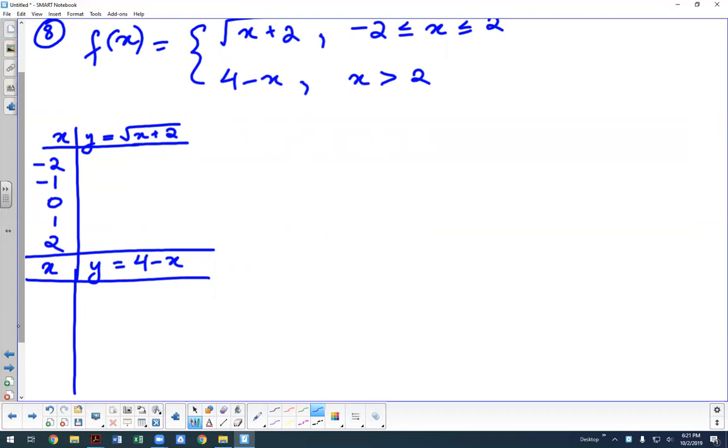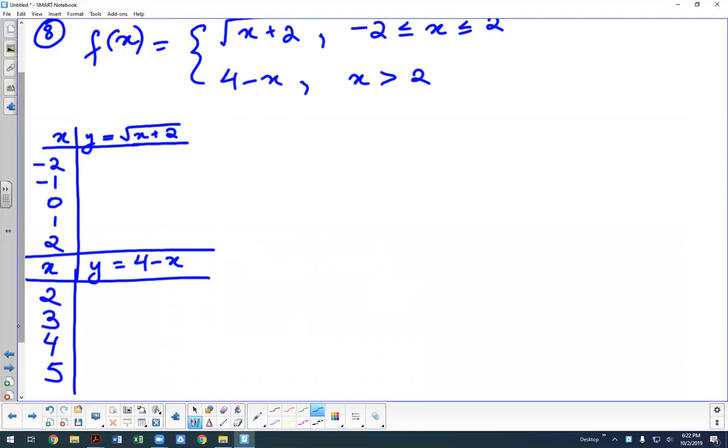So even though we are not including 2 on the second piece, we are still going to start at the number 2, because you can be 1/10,000 or 1/1,000,000th of a point away from 2, and we still want to know what it's going to do. So we always include that number, even though they're not asking us to. And then you go anything greater than that. So we can do 3, 4, I don't know, 5. I think that should give us enough idea on those pieces.